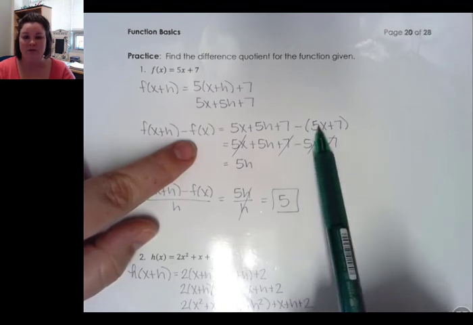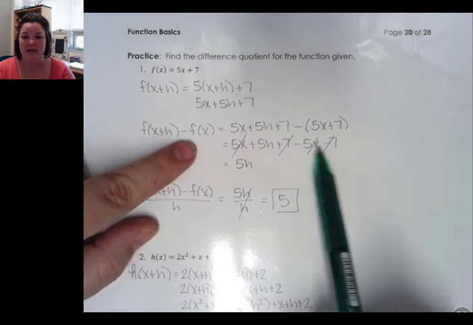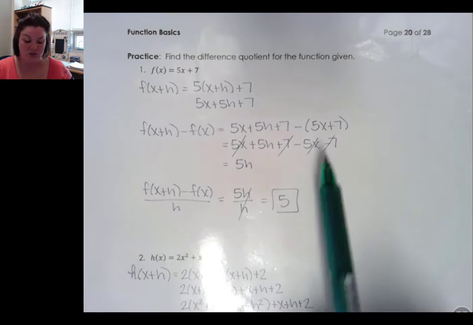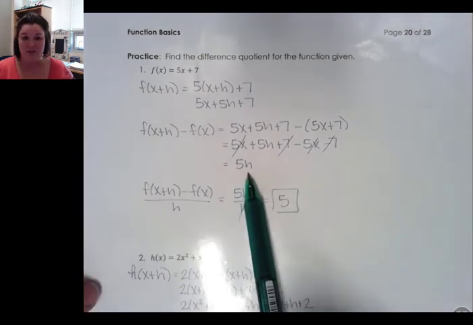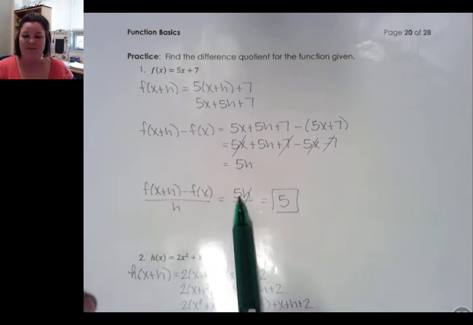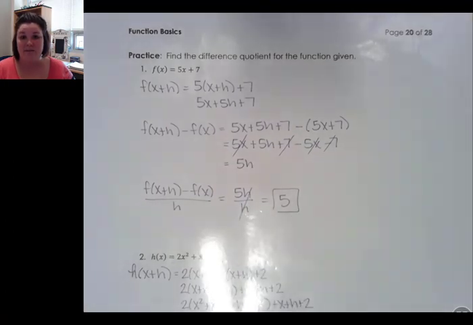That way when you distribute this negative, they both become negative, and you should be able to cancel your 5x's and your 7's, which leaves you with just 5h. So that way when you do your last step, the whole top part that you just discovered in the last step is 5h, and when we divide it by h, we can cancel those to just get 5. Okay, hopefully we're okay on that one.